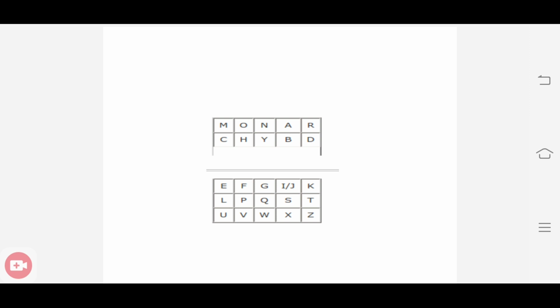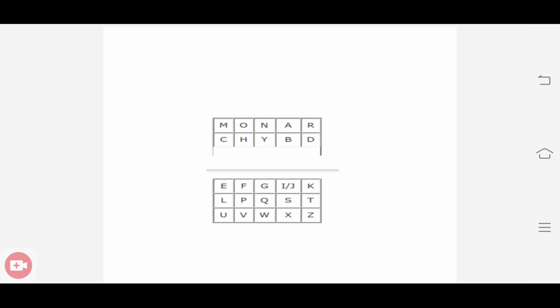MONARCHY. So the remaining cells are there. How can they be filled? We can use the remaining alphabets other than the letters in monarchy. By using the remaining letters, we can fill the 5 by 5 matrix from B to Z. Here, I and J are considered the same cell. You can see in this picture, I or J is the same cell.